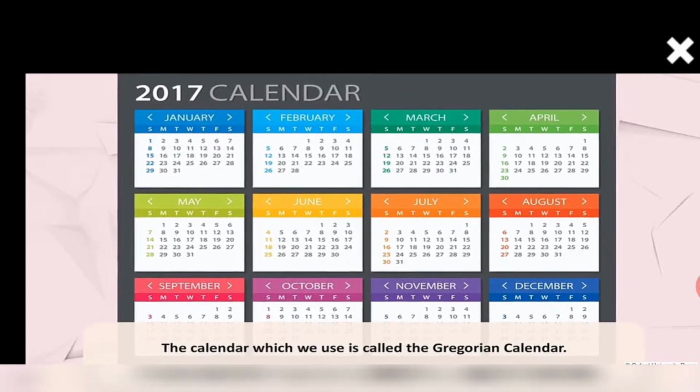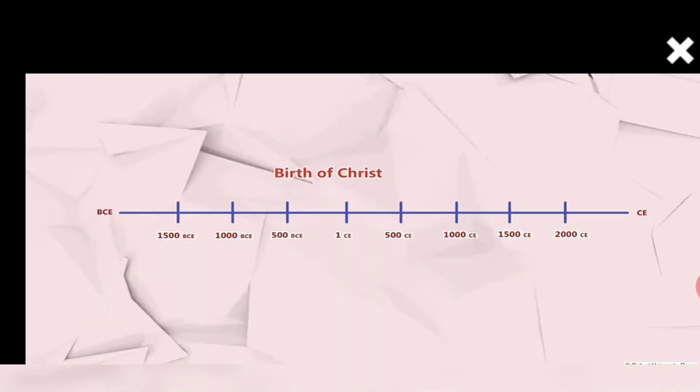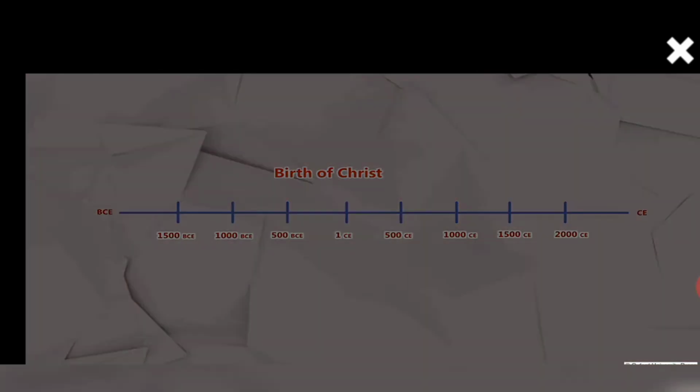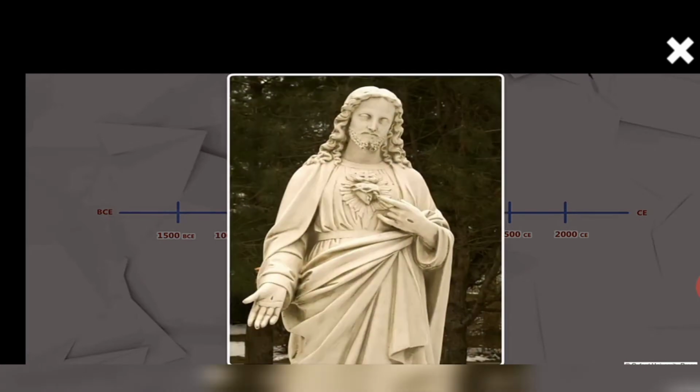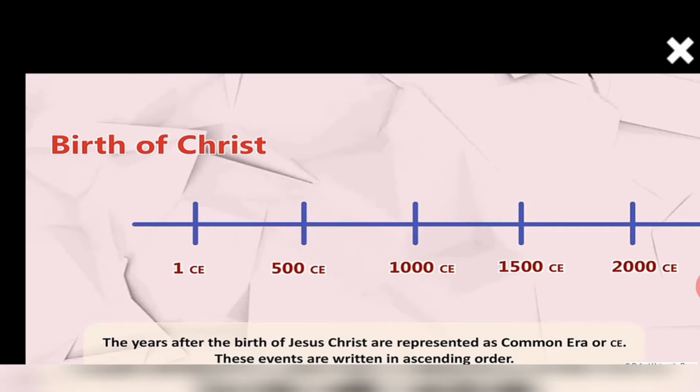The calendar which we use today is called the Gregorian calendar. The Gregorian calendar began from year 1, when Jesus Christ was born. The years after the birth of Christ are represented as Common Era or CE. These events are written in ascending order.